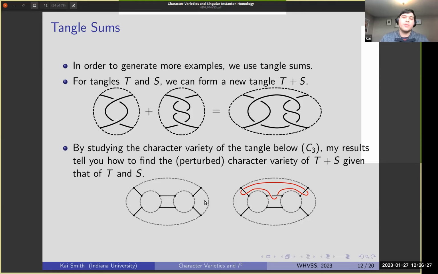And by studying the character variety of this tangle, I was able to figure out how the character varieties of tangle sums behave. Generally, you're going to end up with a singular character variety as a result, but we want Lagrangians, so we want to perturb. And so we can also understand the perturbed character variety of this tangle along this perturbation curve. So let's see what that looks like.